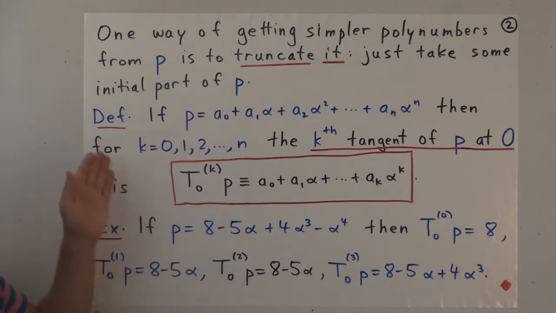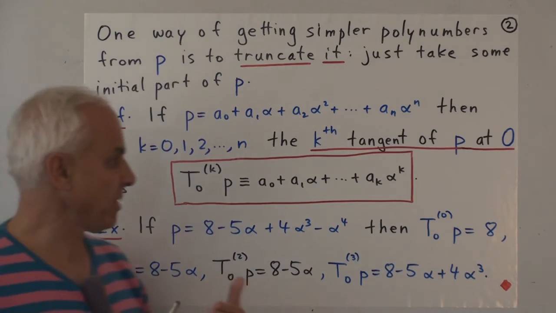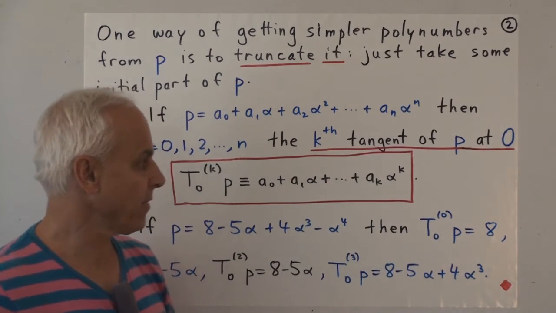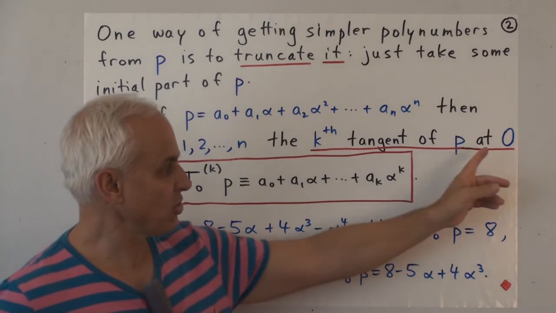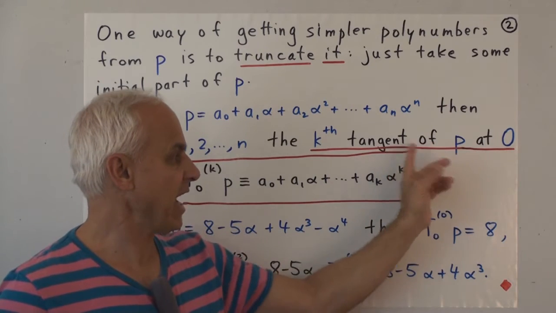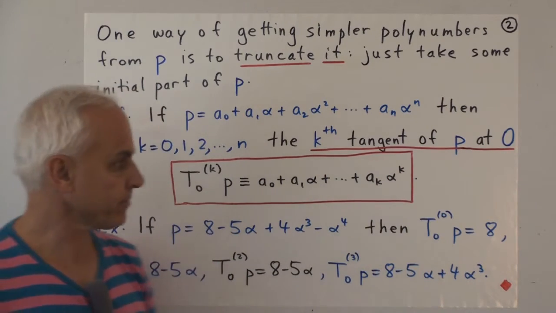It's a truncation of the original polynumber, and we're giving it something of a fancy name. We're calling it a tangent of p. And for a reason which is not perhaps too clear as yet, but will become clearer later, we're saying that this is a tangent of p at 0.